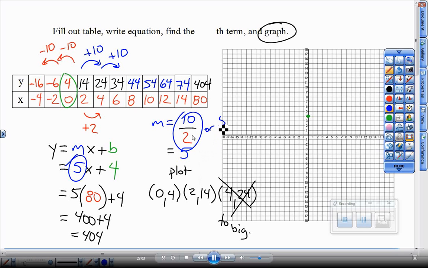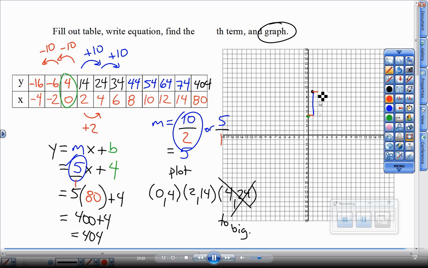That's equivalent to 10 over 2, this rate of change, 5 over 1. So that means for each time from this y-intercept, I'm going over 1 for x. I'm going up 5 for y. Over 1, up 5, over 1, up 5. Every time I go over 1 for x, I go up 5 for y.